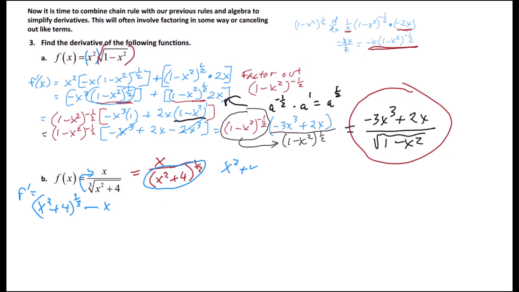X squared plus 4 to the 1/3. Its derivative would be 1/3 x squared plus 4 to the negative 2/3 times the derivative of the inside part, which is just 2x.